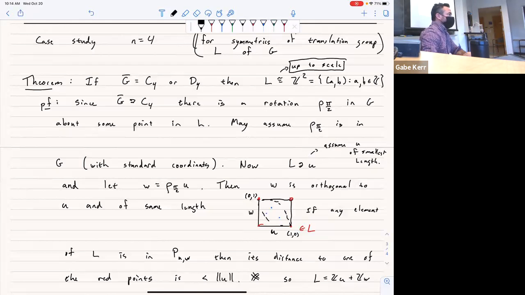So my mistake. Because V could be the diagonal. Yeah, V can be a linear combination, right? V can be any of an infinite number of possible things.